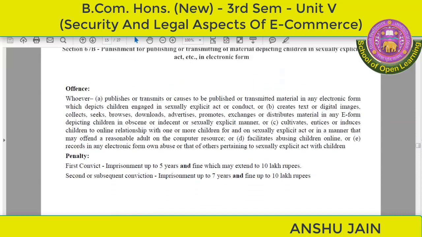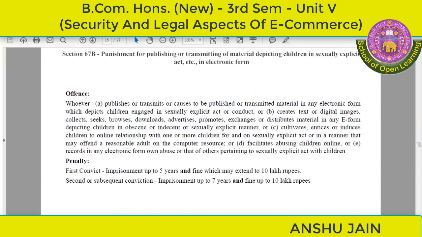Then section 67B is talking of the punishment in case of publishing or transmitting of material depicting children in sexually explicit act in digital form. तो इससे पहले वाला जो था section 67A, that was in general when you are transmitting or publishing any kind of sexually explicit material or act in electronic form.